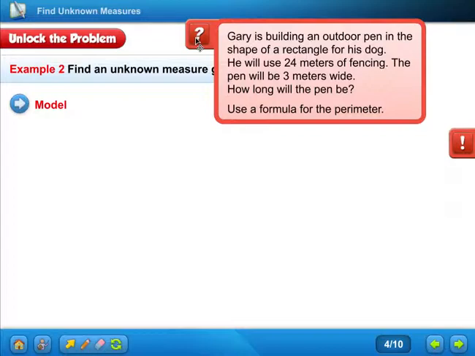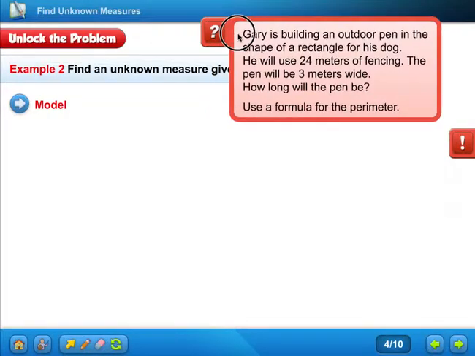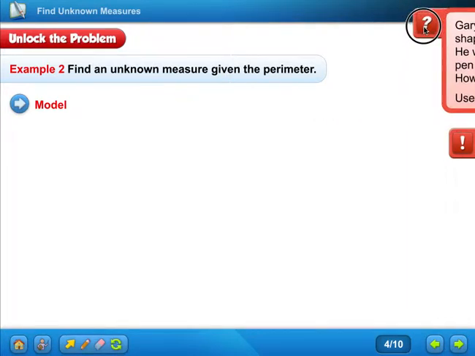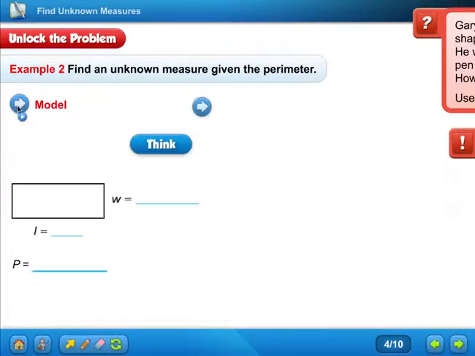Use the formula for the perimeter. Do you remember what the perimeter formula is? Try to think back. Let's look at the model and see if that will help you.